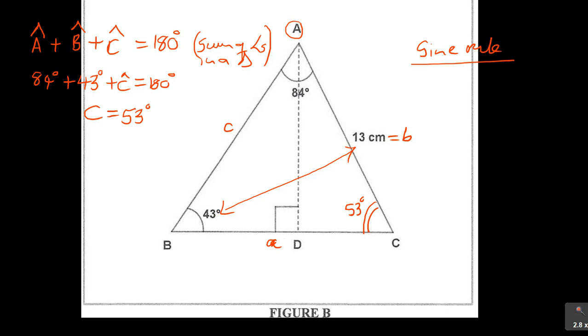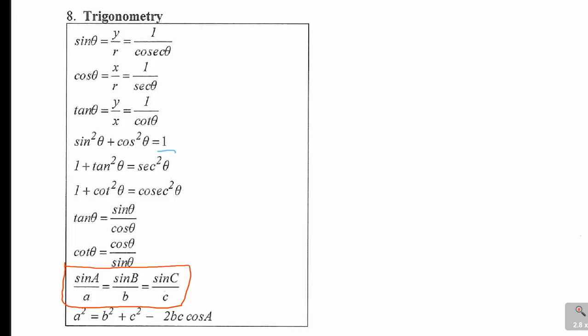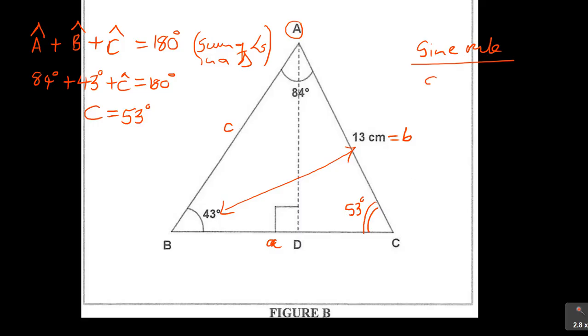So if I'm to write this formula, I have that which is complete, which is sin B over b. Where there is sin B, the big B is 43 and the small b is 13.